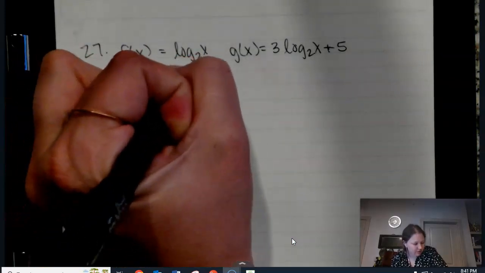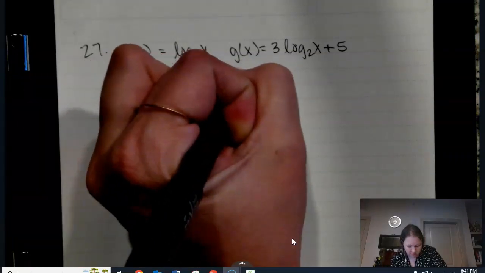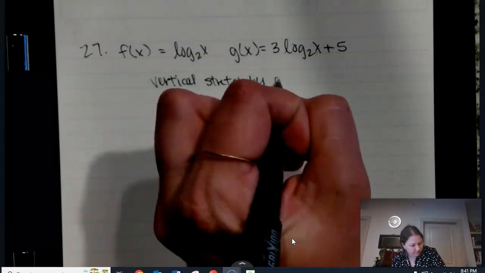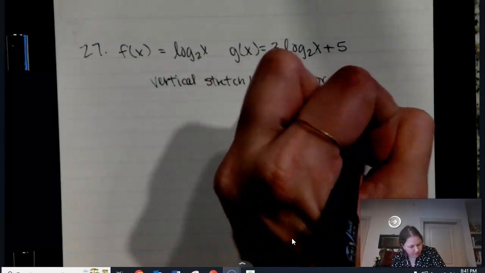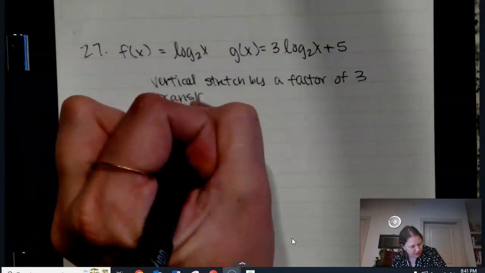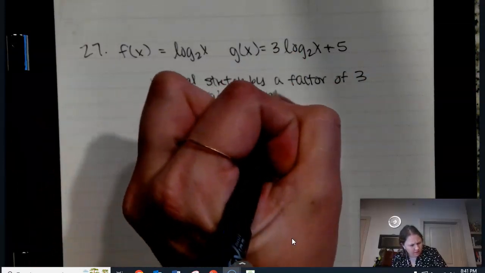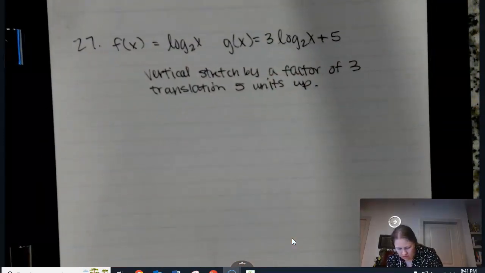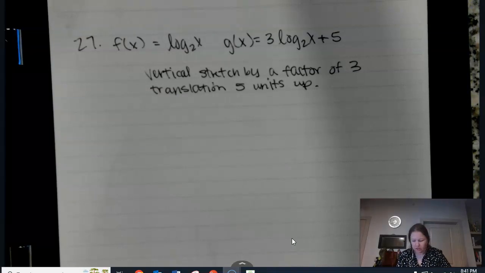So you have a vertical stretch by a factor of 3 and a translation 5 units up. Okay, cool. So same situation. You're just doing the transformation. So I'll leave 30 for you to do with that one.